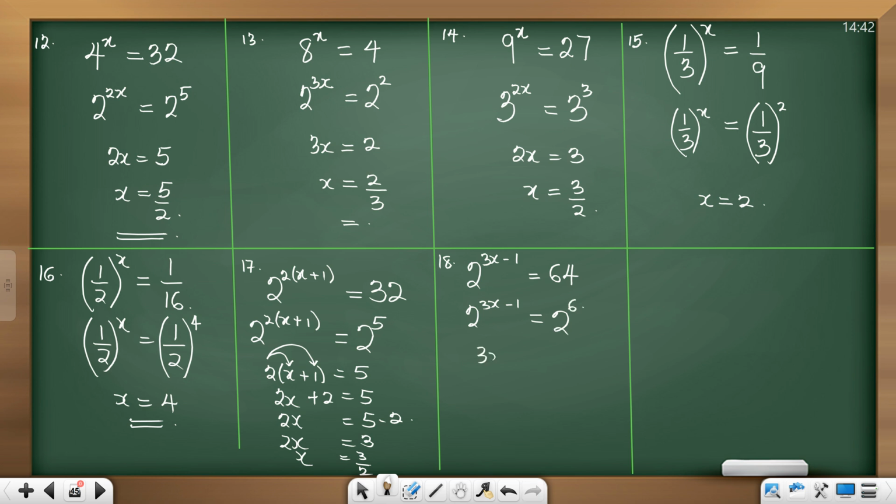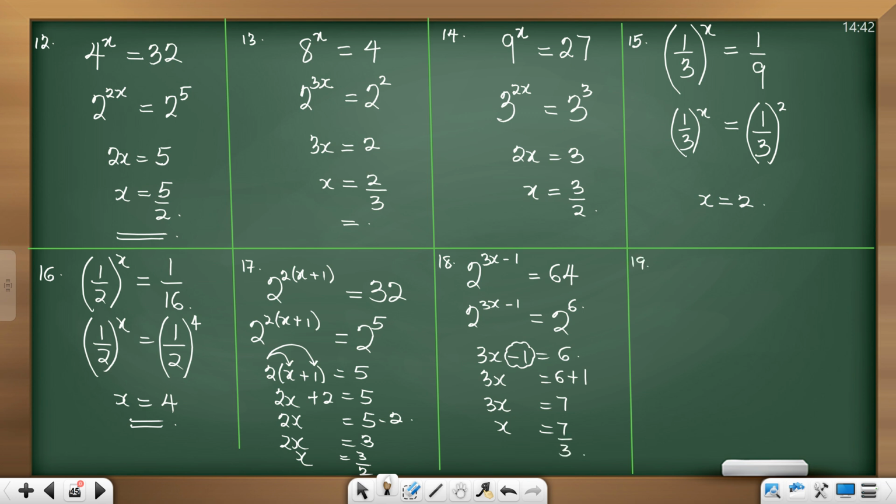Since the bases are now the same. Oh, lovely. 3x equals to, now this minus here would go over and become a positive 7. Now the 3 is multiplying, it will then divide.